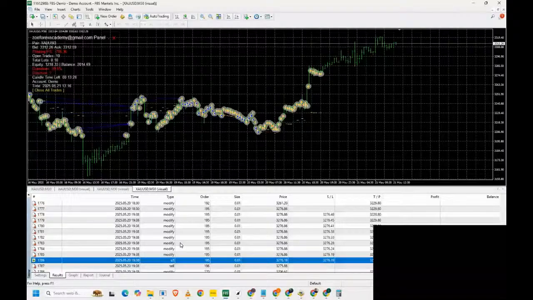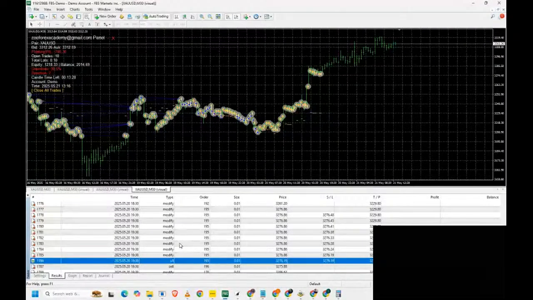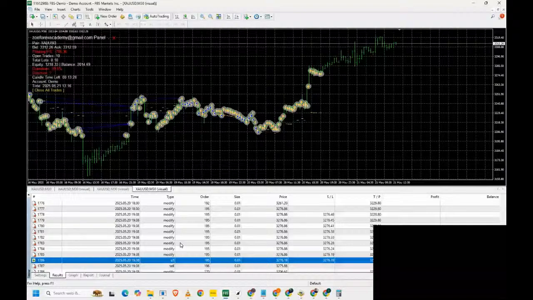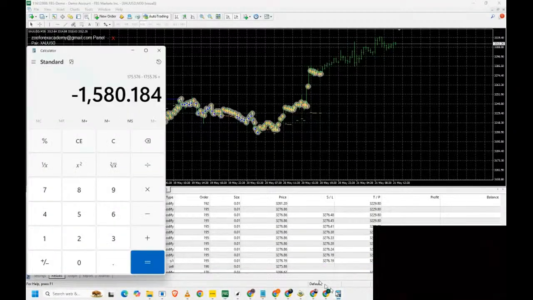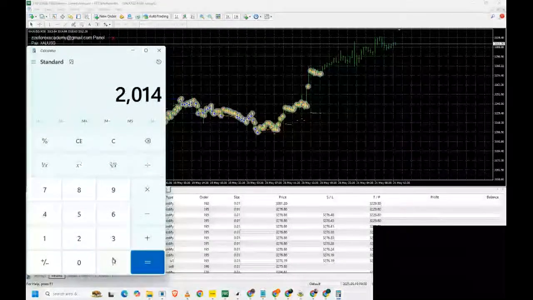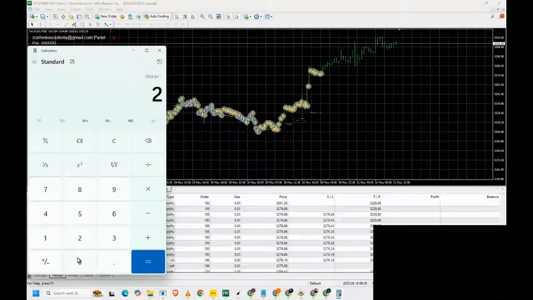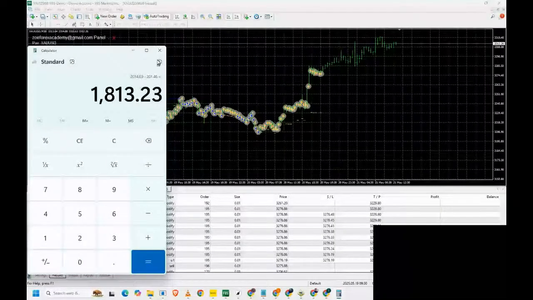It means 10% of 2014 will be 201.4. 2014 minus 201.46, all right, so 1813.